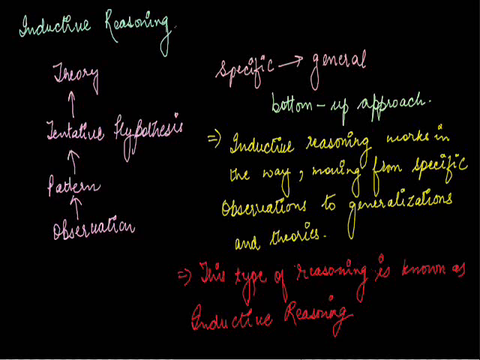We have some specific observations, we try to generalize from them and give our tentative hypothesis, and using that tentative hypothesis we give a theory. So inductive reasoning works in the way of moving from specific observations to generalizations and theory. This type of reasoning is known as inductive reasoning.